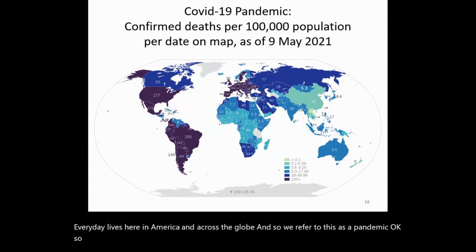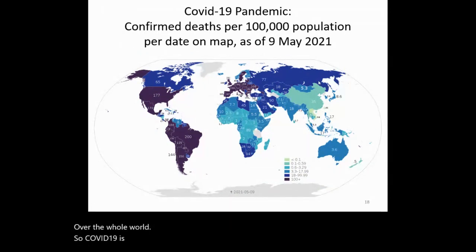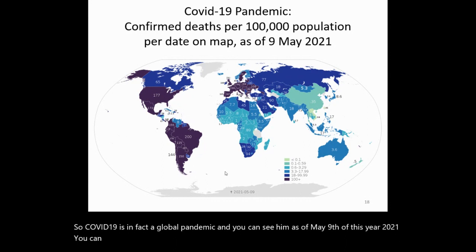We use the term pandemic when a disease is prevalent over the whole world. So COVID-19 is in fact a global pandemic. And you can see, as of May 9th of this year, 2021, the number of confirmed deaths in different parts of the world.